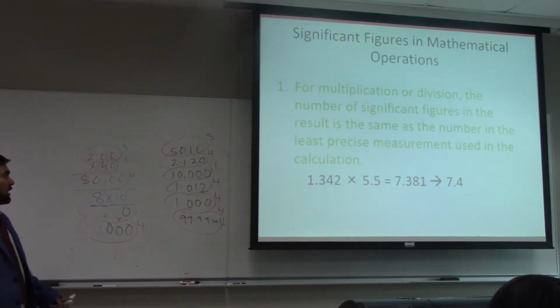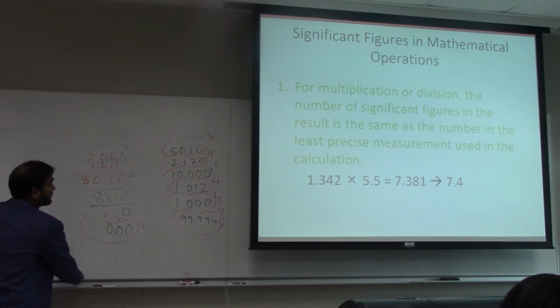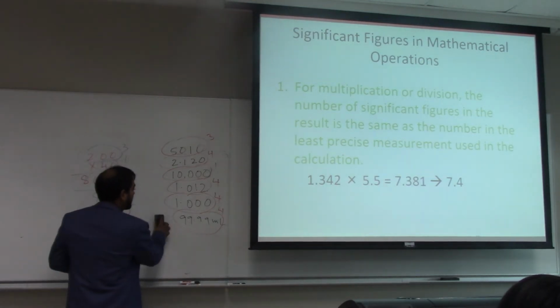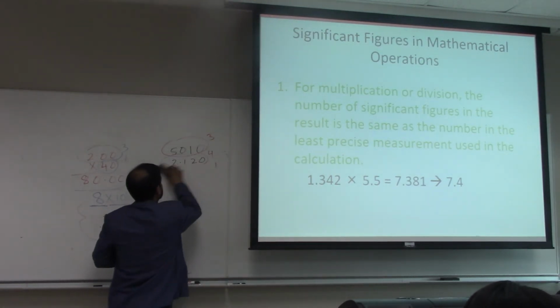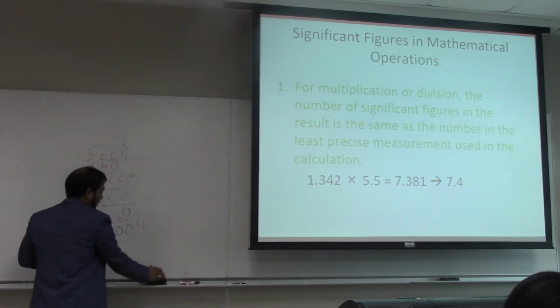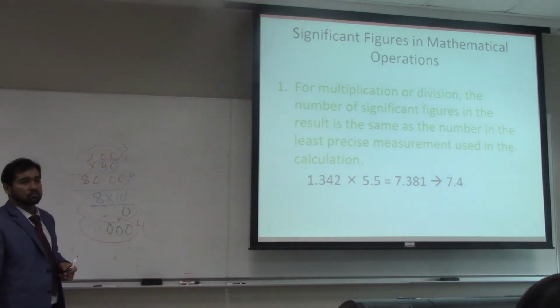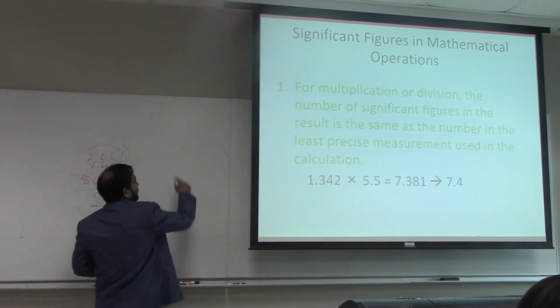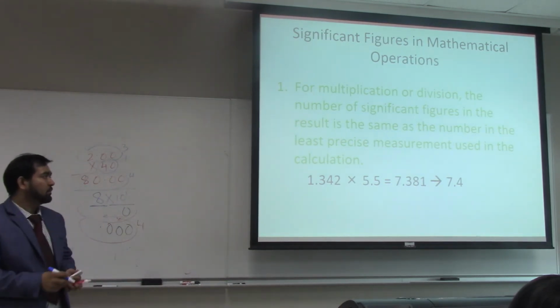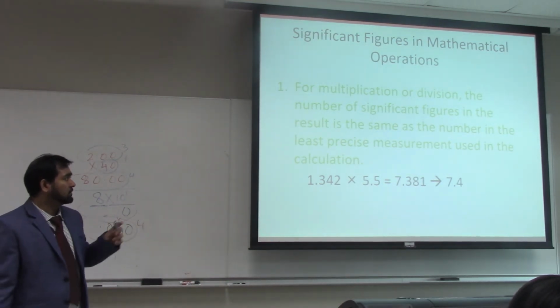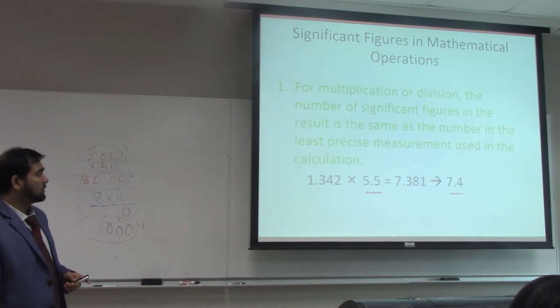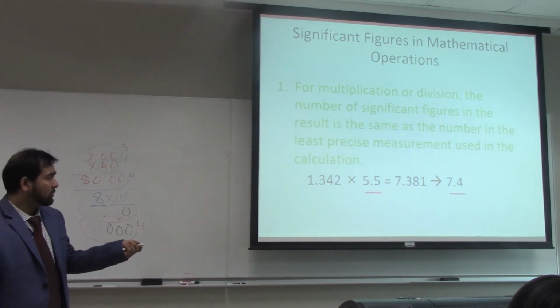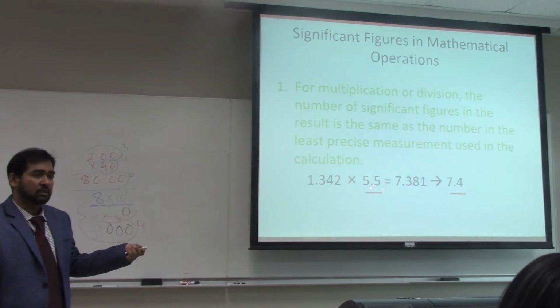So second is when you divide or add 2 numbers. For instance, you have these two numbers in this multiplication. You can see the example here. You have a 4 sig fig number and a 2 sig fig number.